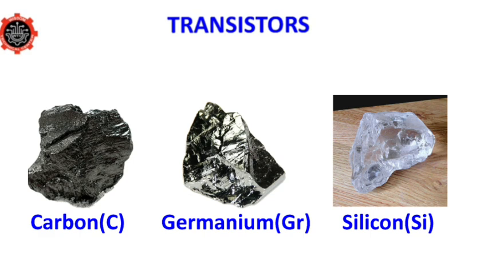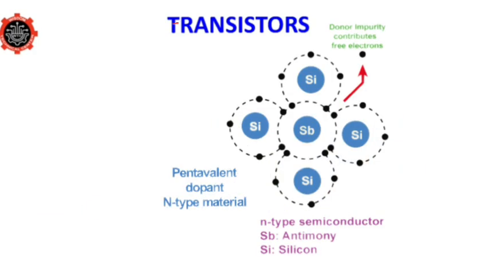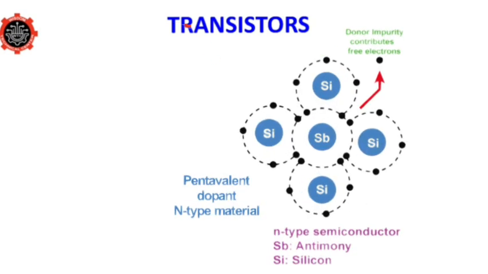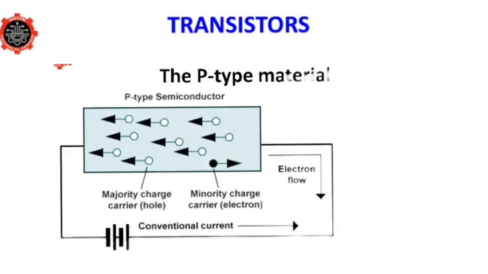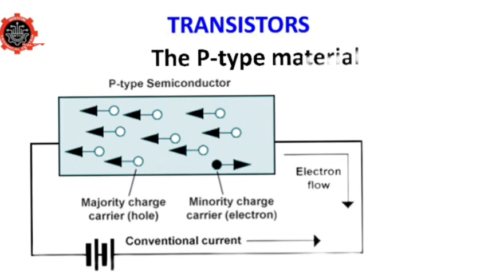And silicon is the most used semiconductor material ever. Silicon and arsenic will give you the N-type material, while silicon and indium will give you the P-type material. The N-type material has plenty more electrons than holes, and the P-type material has more holes than electrons.